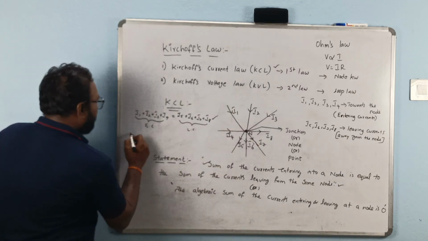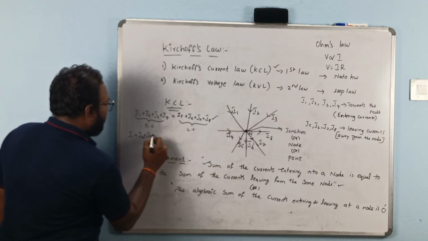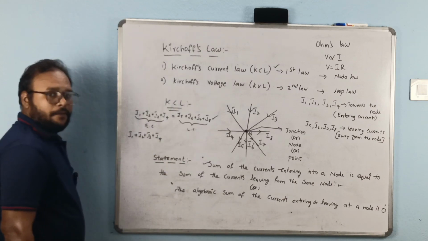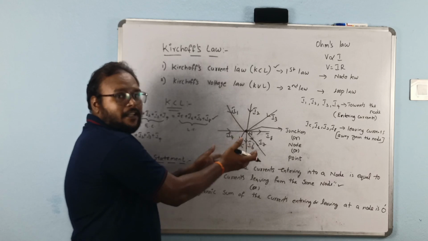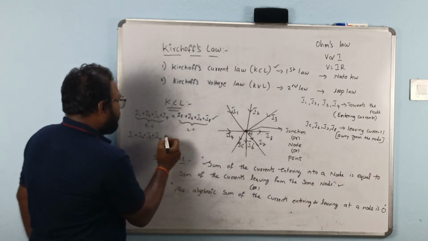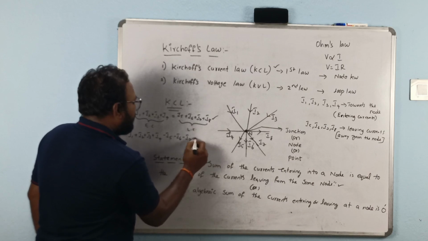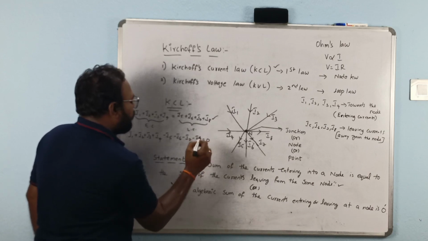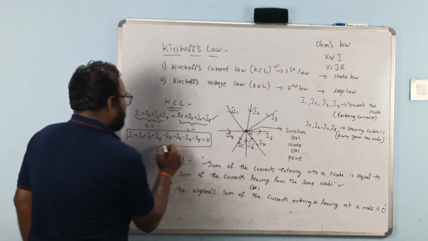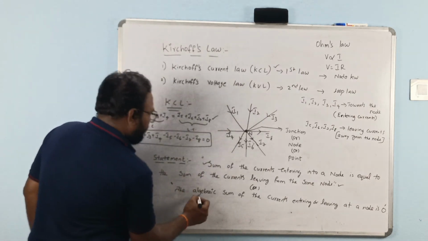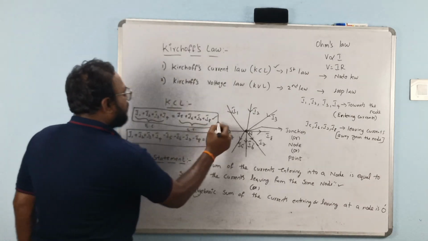So I1 plus I2 plus I3 plus I4, then change the signs by changing the direction of the arrows and take everything to this side: minus I5 minus I6 minus I7 minus I8 equals 0. This is the equation for the second statement, and the earlier one is the equation for the first statement.